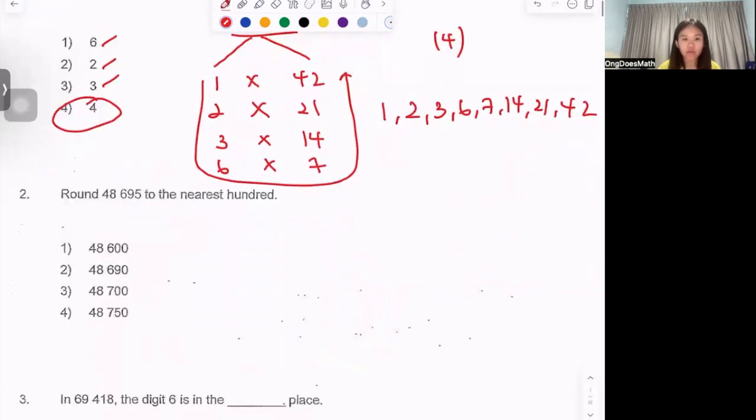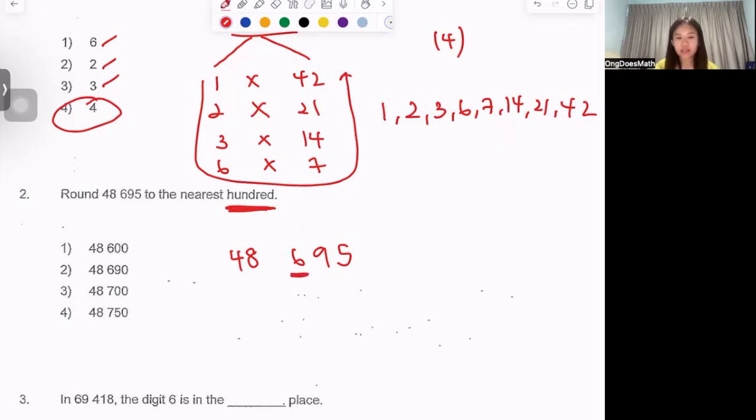Next, round 48695 to the nearest 100. What you want to do is write down the number first, 48695. And then you underline the hundreds place, because they ask you to round off to the nearest 100. Which digit is in the hundreds place? You're right, it's the number 6.